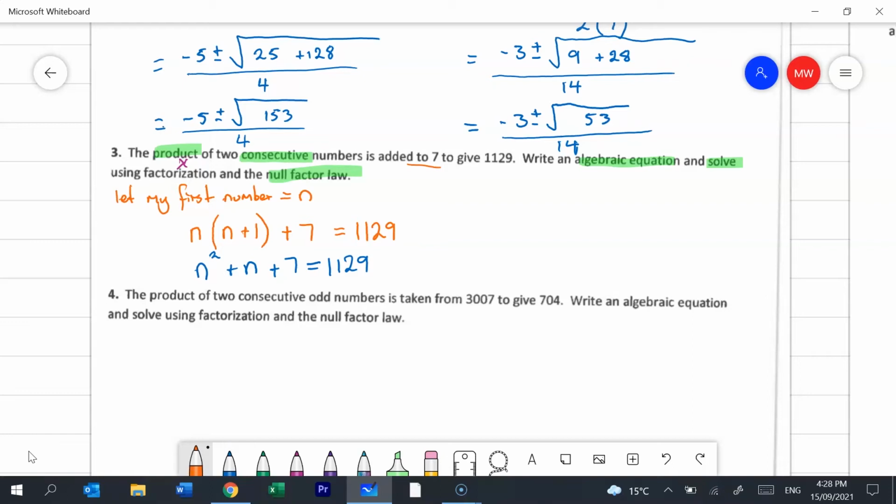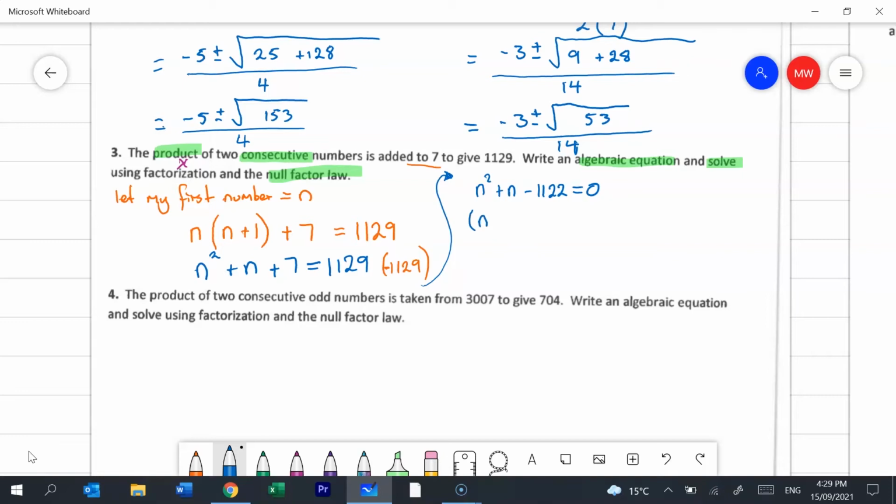So a bit of balance method. Let's take 1,129 from both sides, so minus it. Running out of room. So now my equation reads n squared plus n minus 1,122 equals nothing.